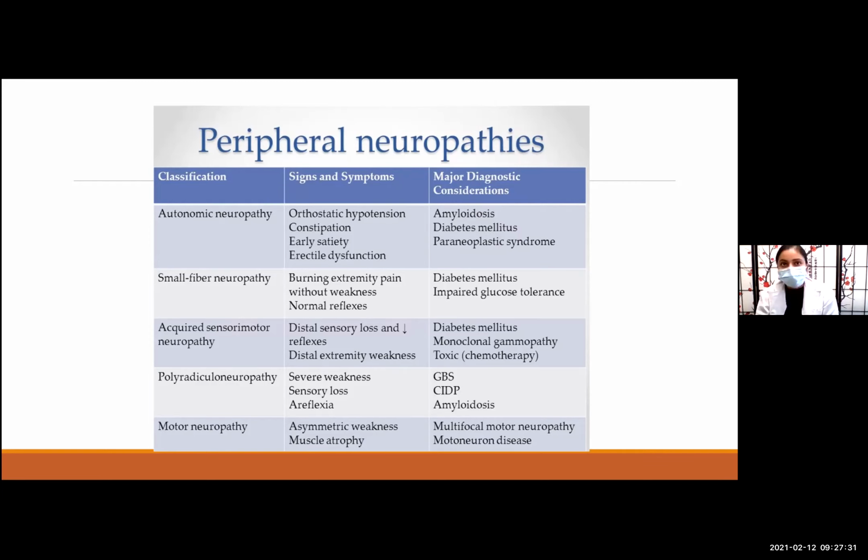Autonomic neuropathy comes with GI symptoms, constipation or diarrhea, erectile dysfunction, urinary symptoms, orthostatic hypotension. So this is just an overview of peripheral neuropathies.